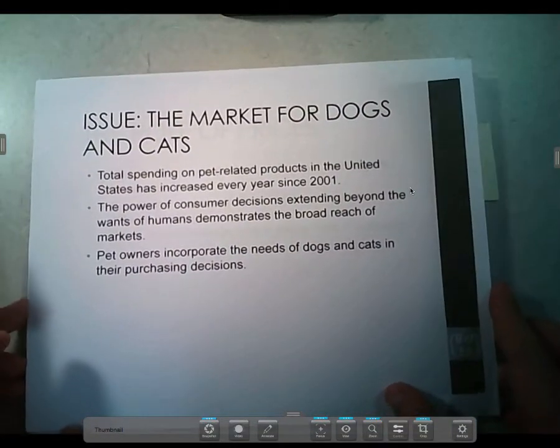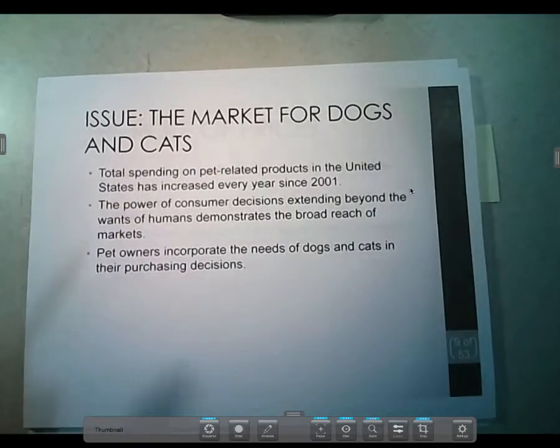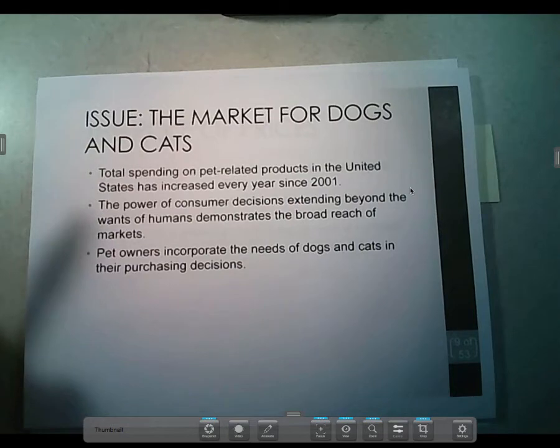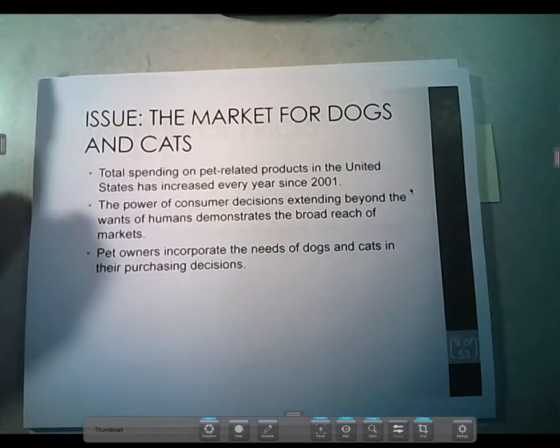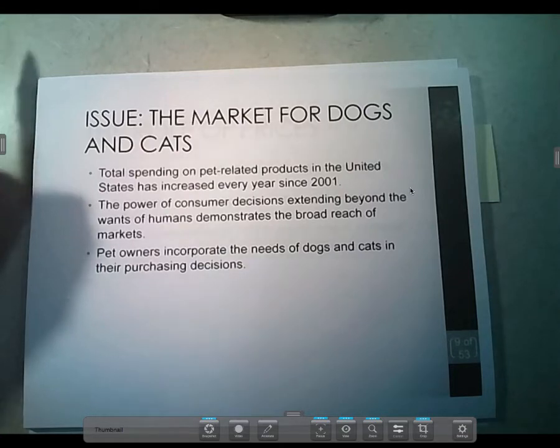There are other issues as well, besides the market for bottled water. We could talk about markets for pet products. You know who you are. There are some people that really love their pets and will buy their pets anything and everything: treats and fancy trips and all those great things.